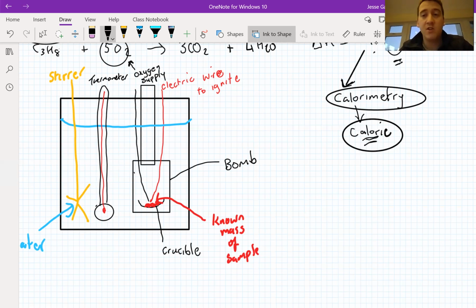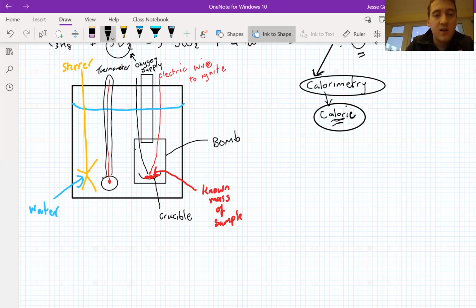The bomb is made of metal, which means it can conduct the heat. And the heat is able to transfer into the surroundings, which is the water, which is like a sleeve of water around the bomb. Over time, as the reaction proceeds, you're going to get a change in the temperature of the water. And by measuring that, then you can work out the energy change. So this whole device, because it's got a bomb in it, is called a bomb calorimeter.